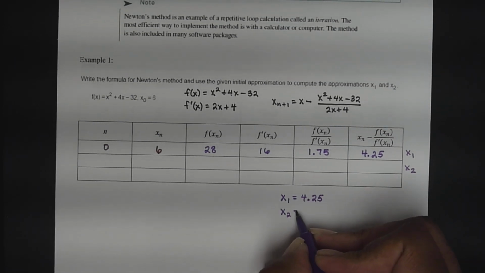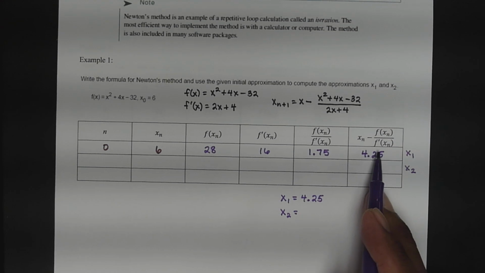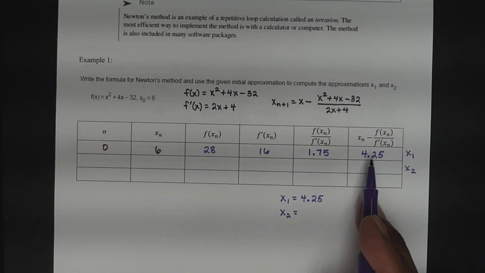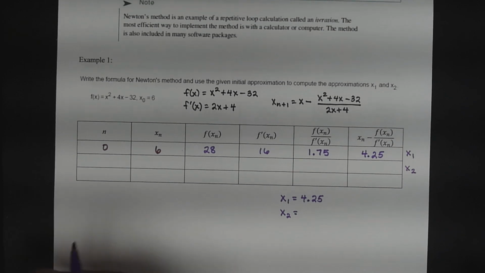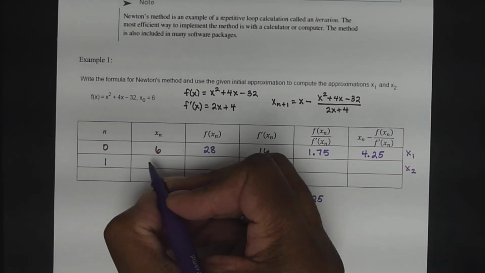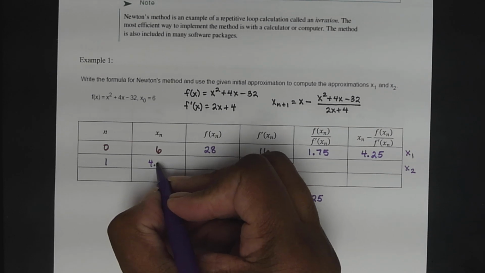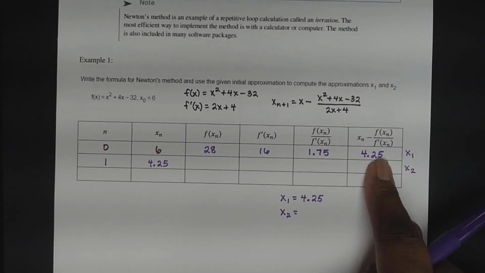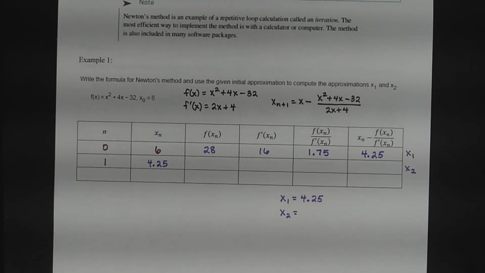Now we're going to find x2. To find x2, I'm going to take that x1, which is 4.25, as my new approximation. So this n will be 1, because that's x1, and then the 4.25 goes under x of n. And then we repeat that process here to get x2.